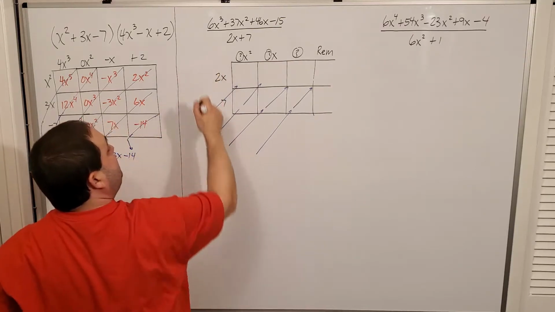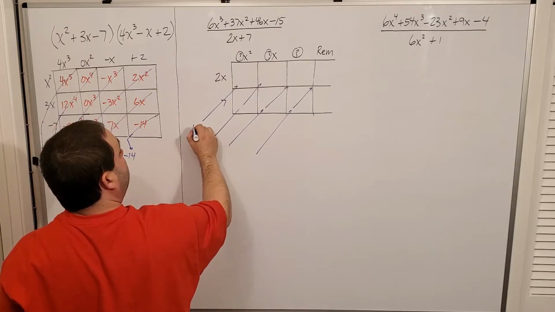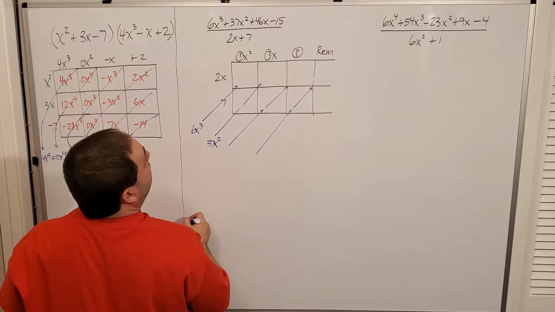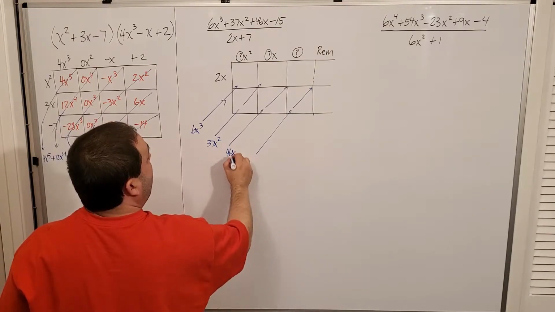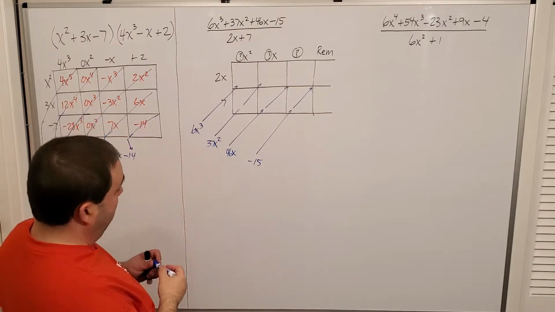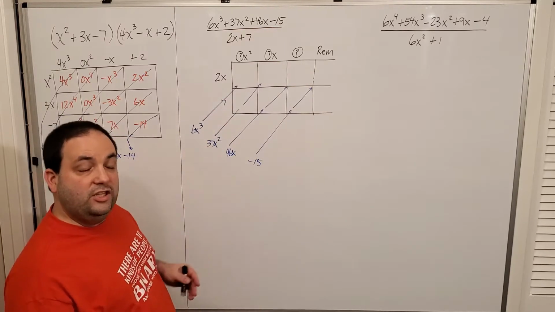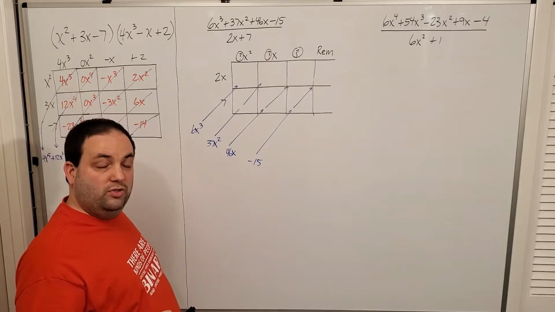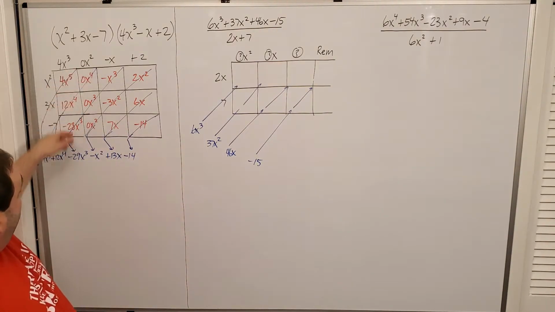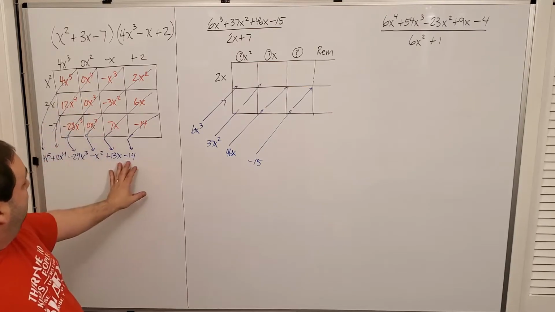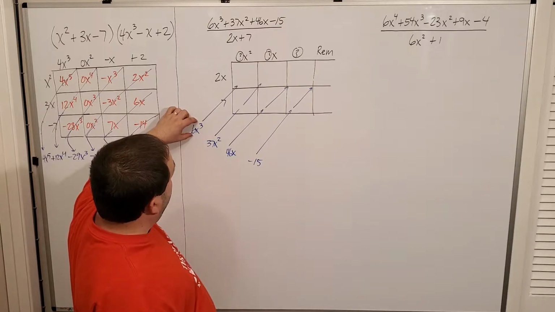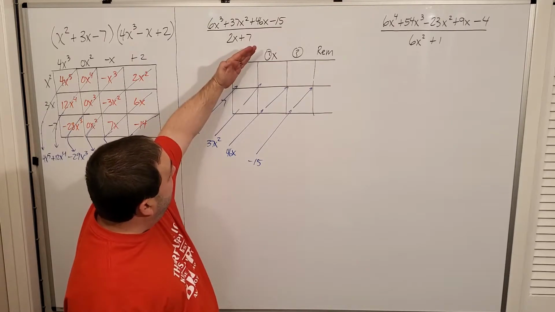So I've got 6x to the 3. I've got 37x squared. I've got 46x. And I've got negative 15. Those are going to be the sums, the totals of my diagonals. Remember, the diagonals add up as like terms to the answer part here.